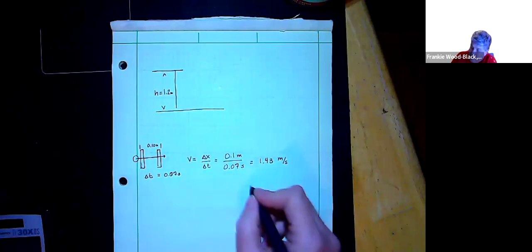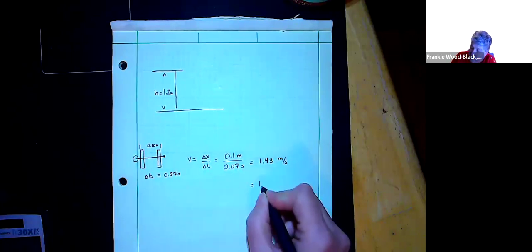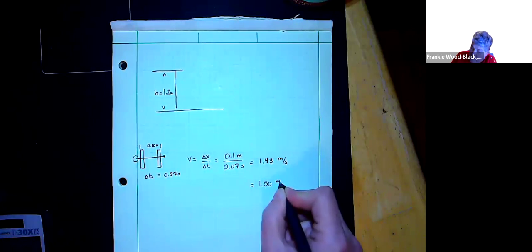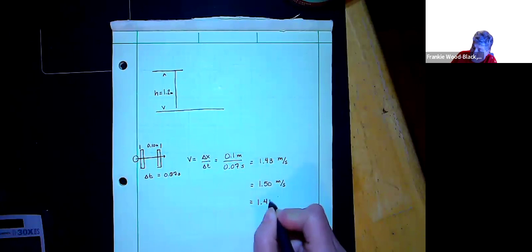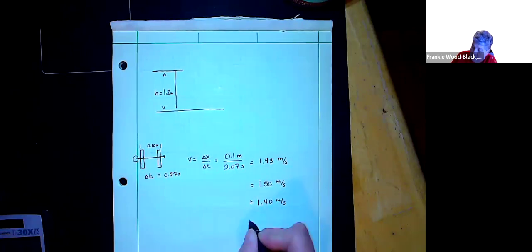So if I do this 5 times, let's say I end up with 1.50 meters per second, and I end up with 1.40 meters per second, and I end up with 1.36 meters per second, and I end up with, we'll make this 1.44 meters per second.